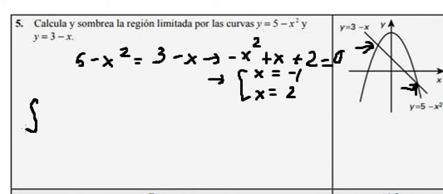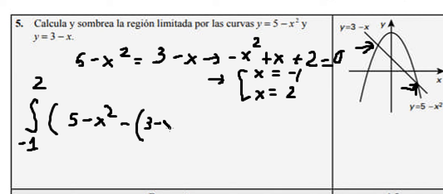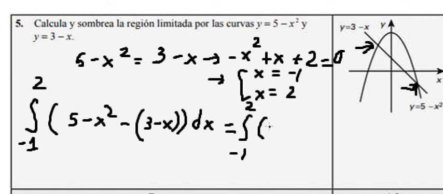So we have the integral from negative 1 to positive 2. And we have the curve, 5 minus x squared minus 3 minus x, dx. Because the curve in here is above the line, that's why you use this one minus this one. And you get negative x squared plus x plus 2 dx.